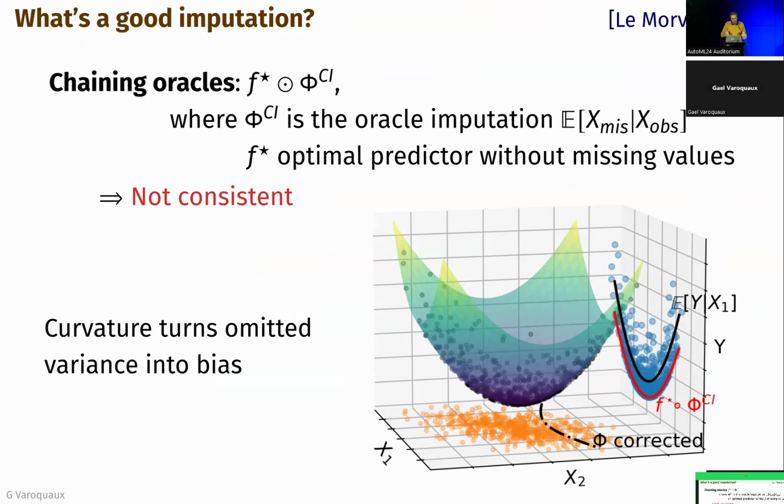And the reason is that you're replacing distributions by expectations, and by doing this, you're forgetting all the higher order moments. So typically you're forgetting variance. And if you have a nonlinear function, the nonlinear function turns variance into bias. Okay, so once again, the intuition that if I get the perfect conditional expectation and I get the perfect regressor with full data, I get the perfect regressor with missing values is wrong.